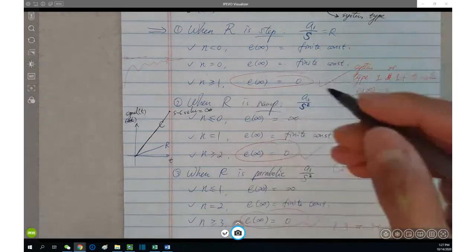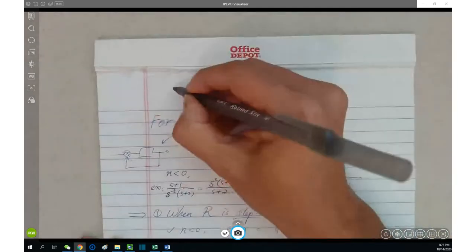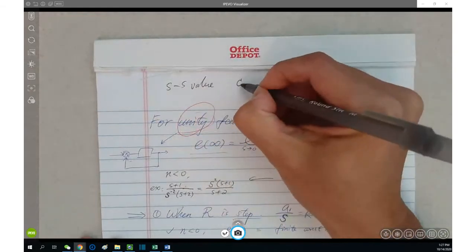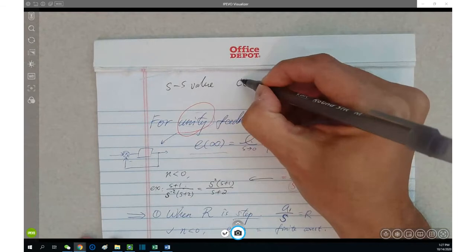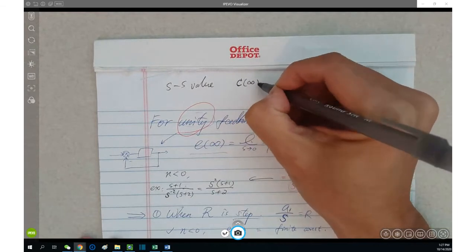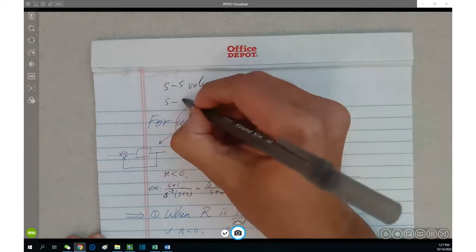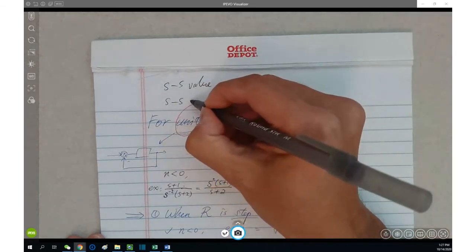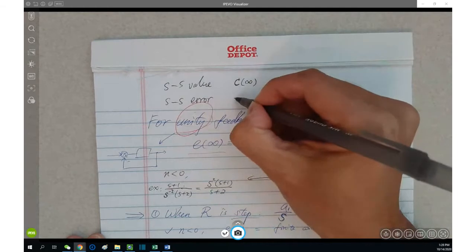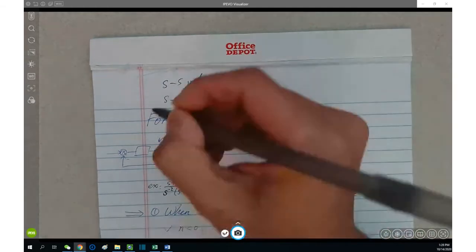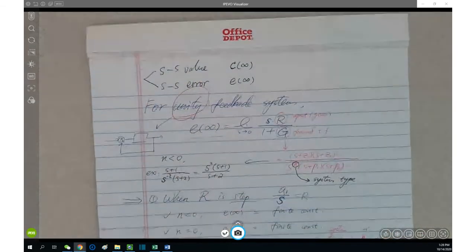When you try to express the steady state value, it's lowercase c of t equals infinity. And when we talk about steady state error, it's lowercase e of t equals infinity. These two are different. Does it make sense?